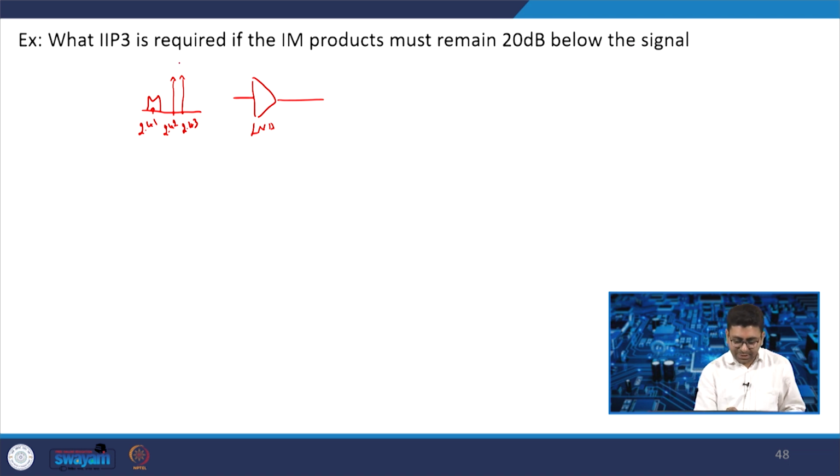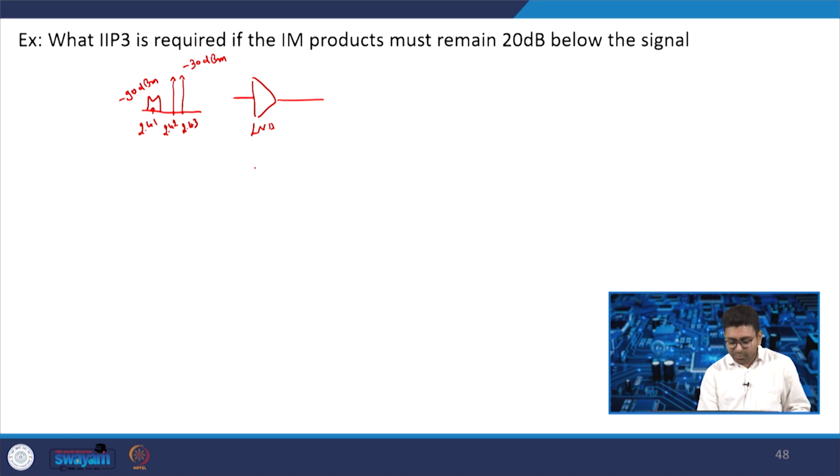For example, this interferer has a power of minus 30 dBm and this signal has a power of minus 90 dBm. So, this is a very small signal and there is a large interferer.